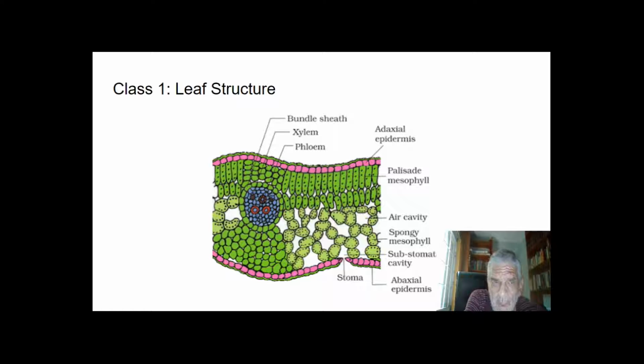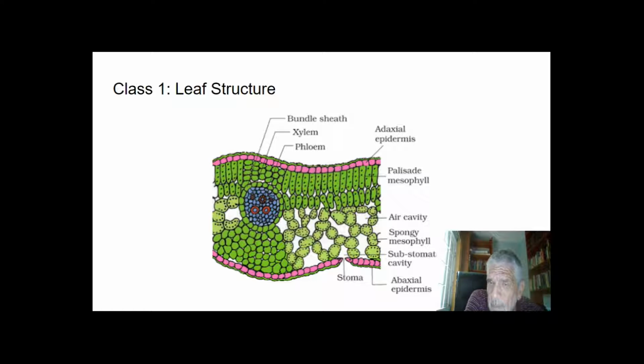So we have an outer waxy layer, which is called the cuticle. And the cuticle covers the upper epidermis, also called the adaxial epidermis, followed by the palisade cells, or the palisade mesophyll.